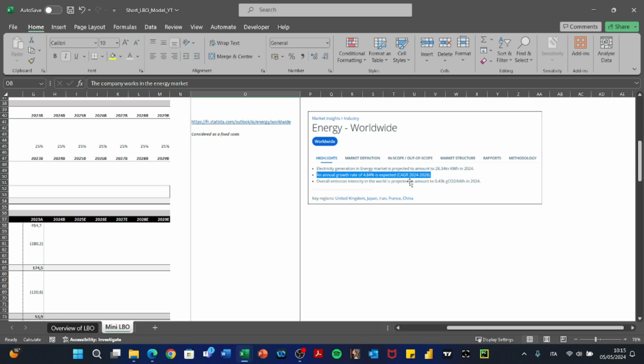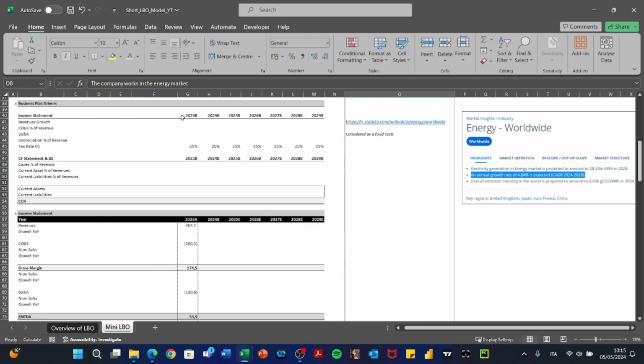It's calculated 2024-2028. So I'm assuming that the growth rate of our revenues will be 0.84. Okay.